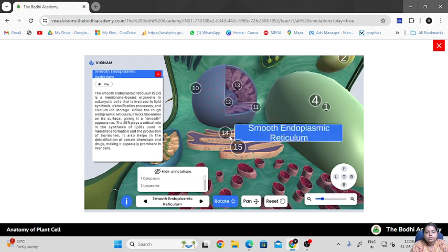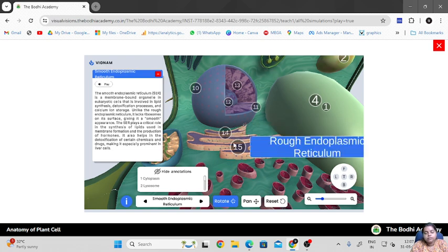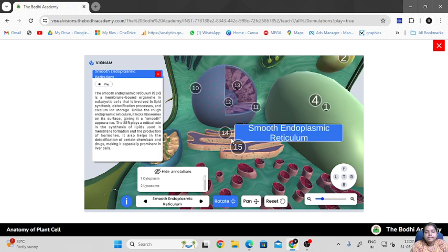Now we'll see about the smooth endoplasmic reticulum. This overall structure which is over here. See here the outer part of the nuclear envelope is connected to the endoplasmic reticulum. This zigzag organelle is called the endoplasmic reticulum, and in that there are two types: smooth and rough endoplasmic reticulum.